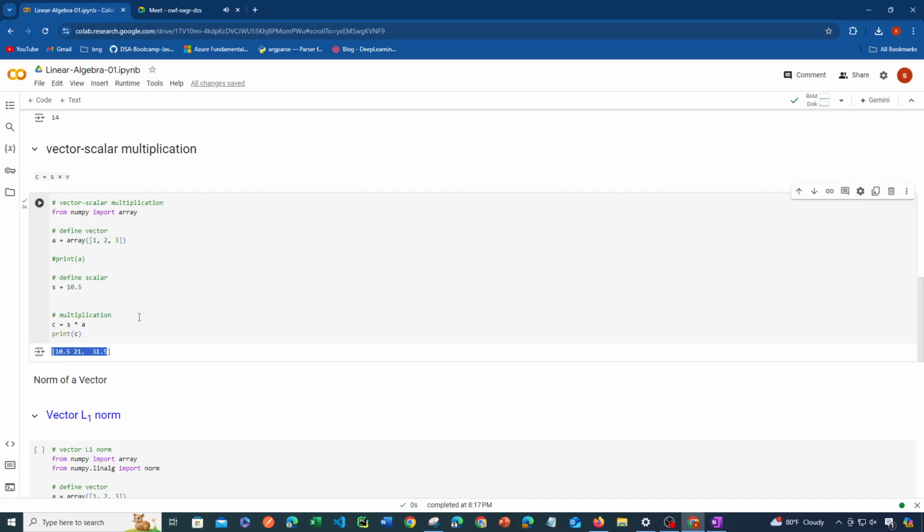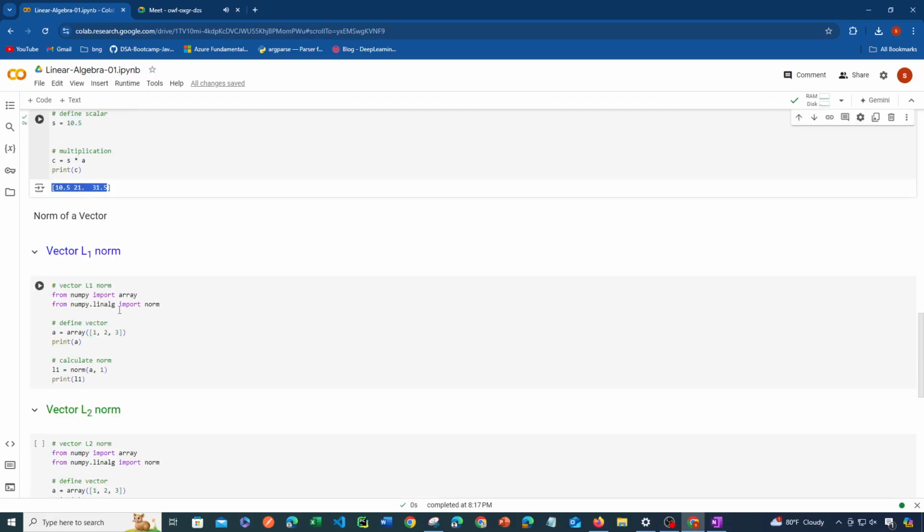So how do we find the norm in numpy? For this we have to import another library from numpy, which you can see here, linalg, which means linear algebra.